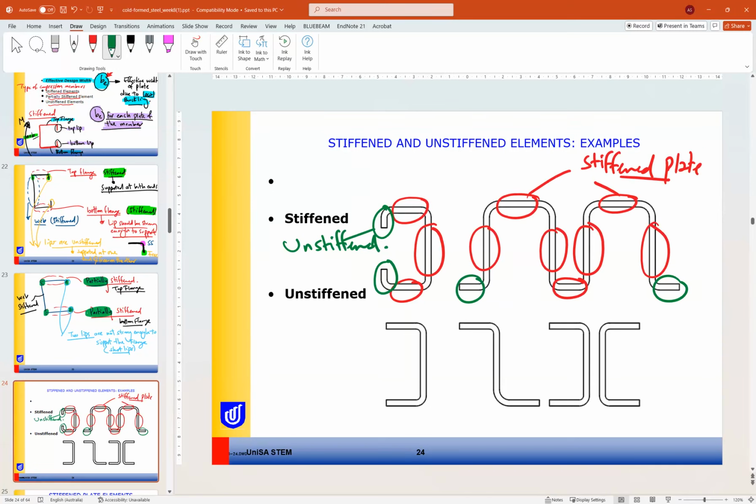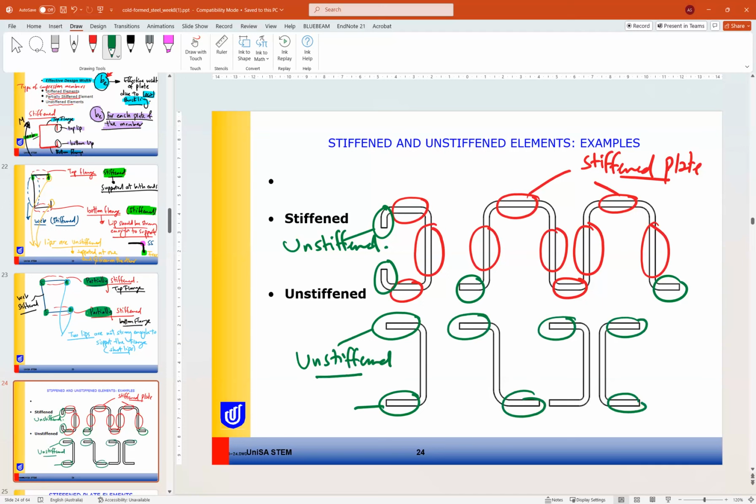Here, in these types of sections, the flanges are unstiffened. They are only supported at one end. Here as well, unstiffened. So all the greens are unstiffened, and here the web is still stiffened. All the greens represent plates that are unstiffened. All the reds are stiffened plates.